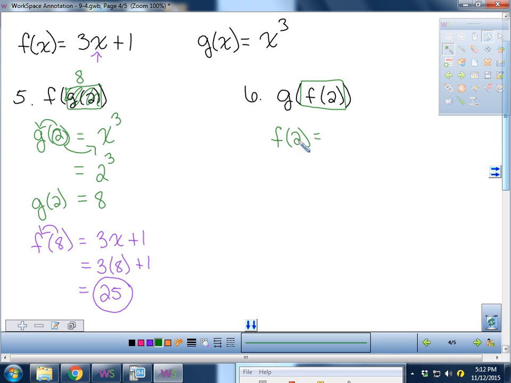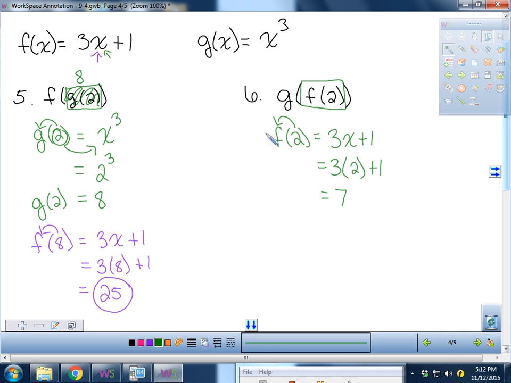I'm plugging 2 into the f function for x. So I'm going to plug it in right there. That gives me 3x plus 1. I'm plugging in 2 for x. So that gives me 3 times 2 plus 1, which is 7.